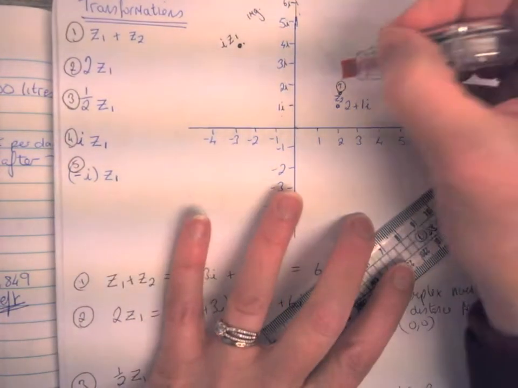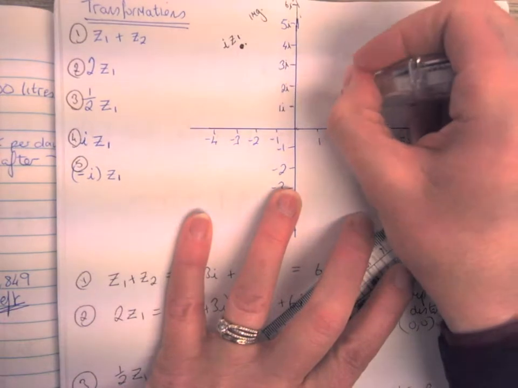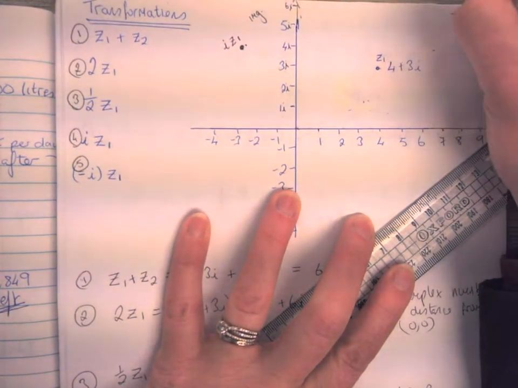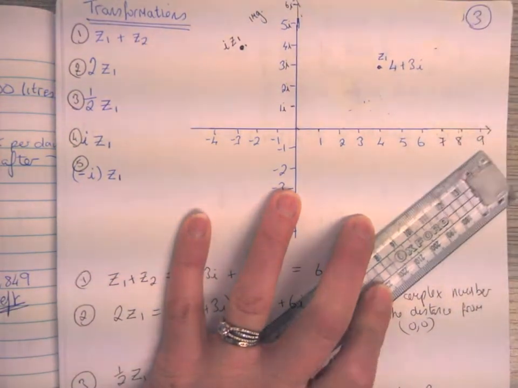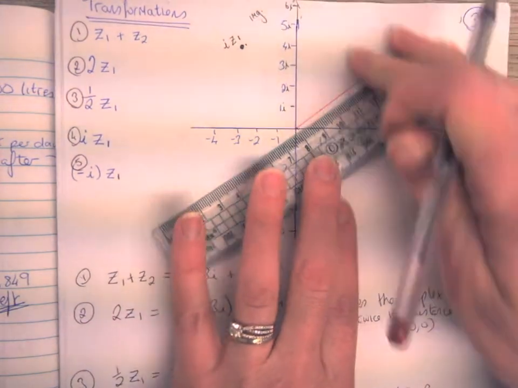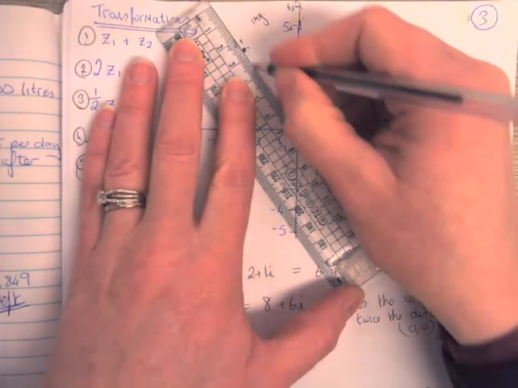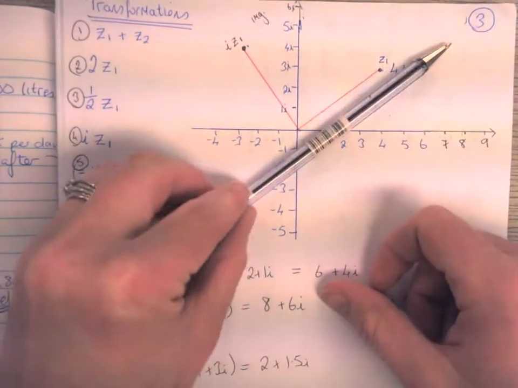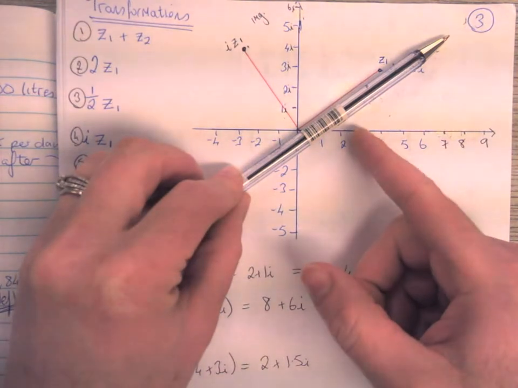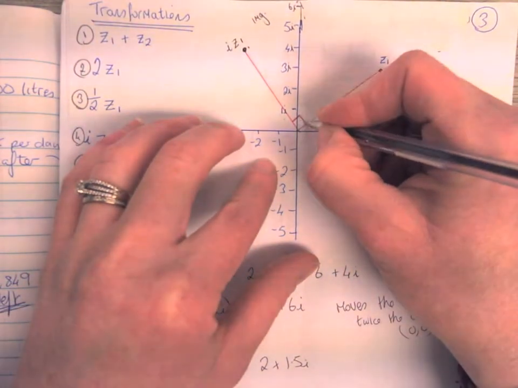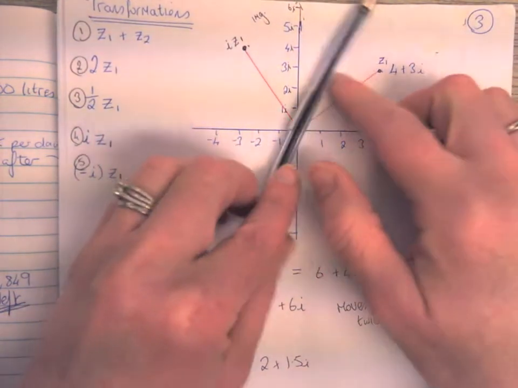Now I'm going to get rid of everything off the graph except Z1. So when we multiply a complex number by i, it gets rotated 90 degrees anti-clockwise.